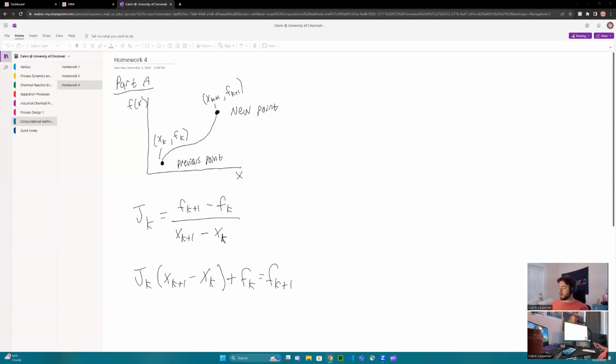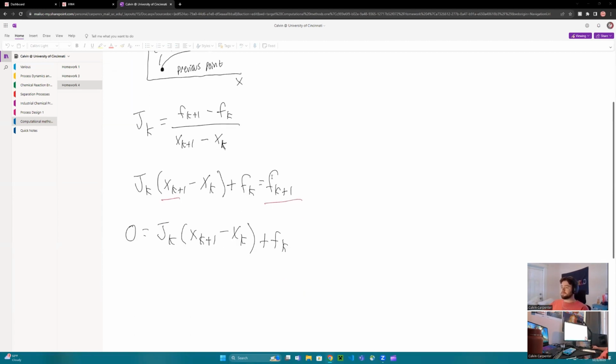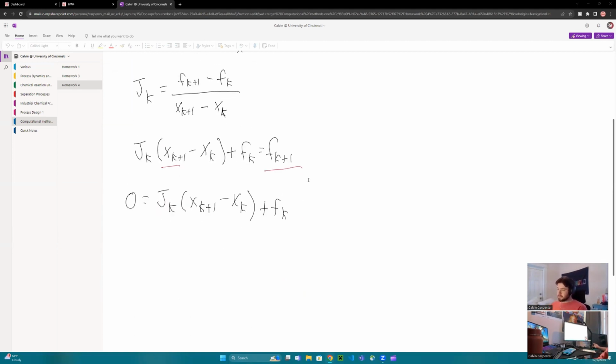Now, in order to solve for this new point, x of k plus 1, we need to set f of k plus 1 equal to 0. So we're going to have 0 equals jk times x of k plus 1 minus x of k plus fk. Scroll down so you guys can see.